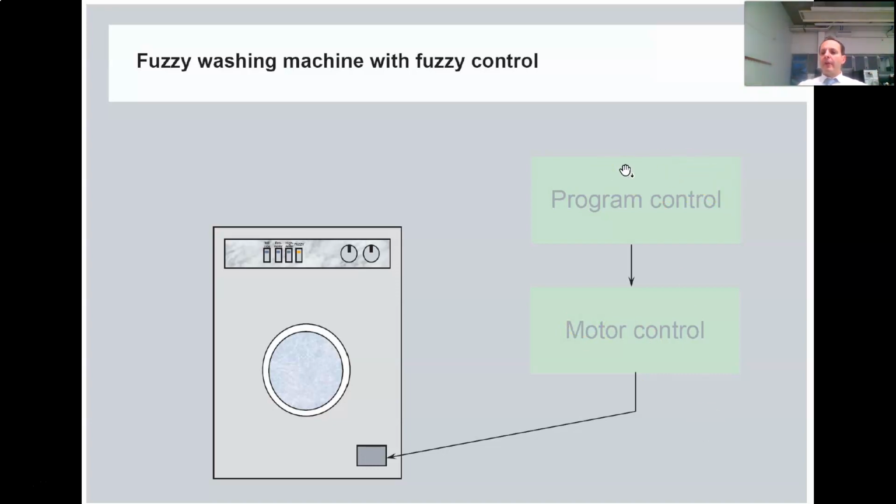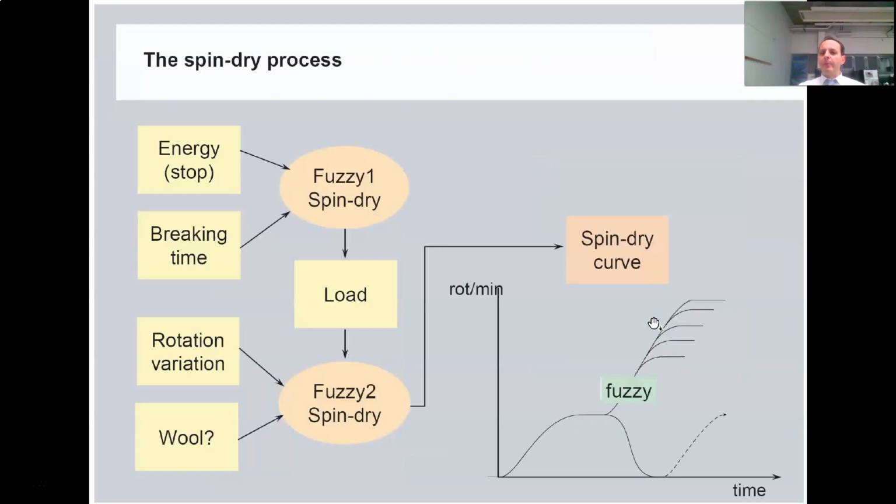solving the problem of the selection, perhaps depending on the level of dirtiness of the clothes that you are entering into the washing machine. It is controlling the program, and then on the basis of the program it is also regulating, for example, the speed of the motor.